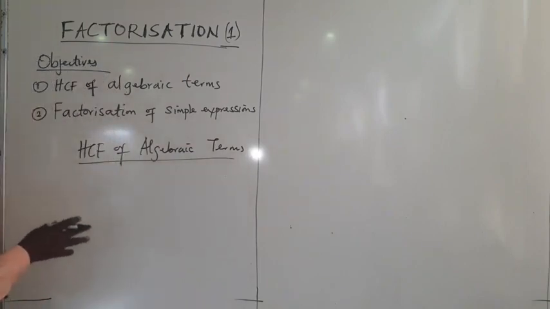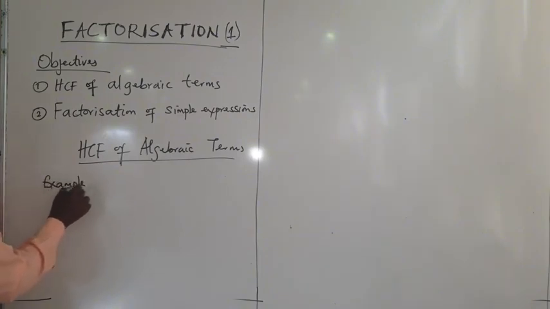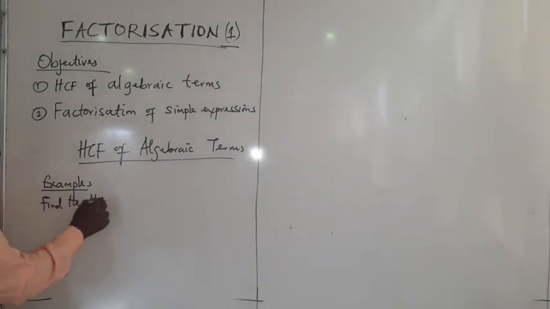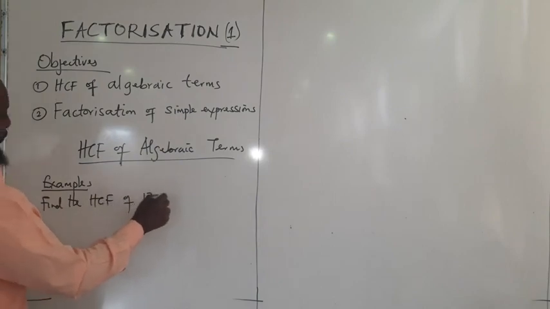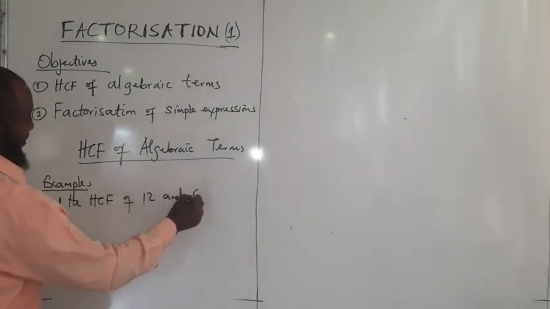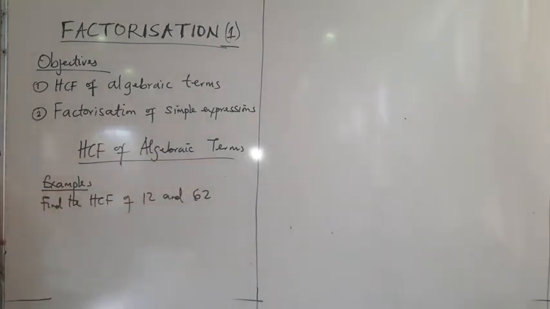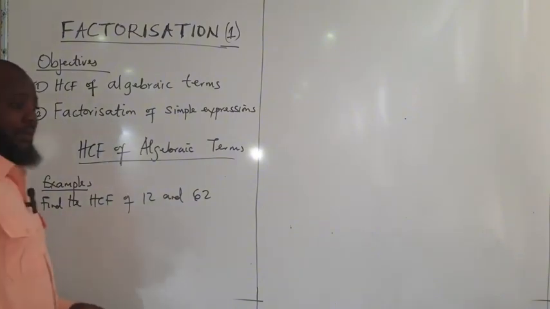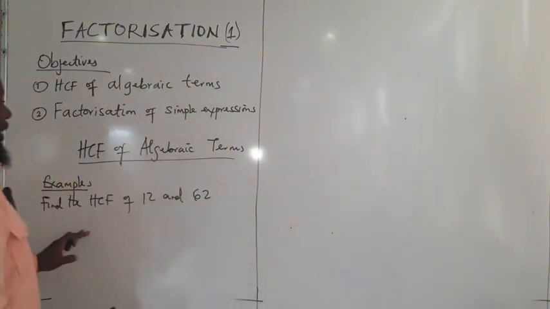So before we look at algebraic terms, let's look at ordinary numbers. So let's look at how we find the HCF of numbers. Find the HCF of 12 and 62. There are different methods we can adopt.